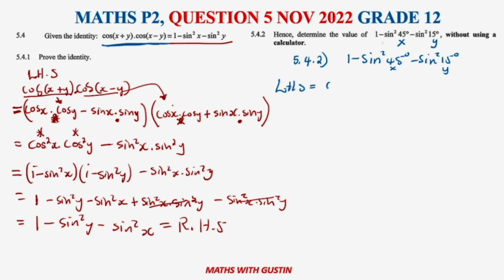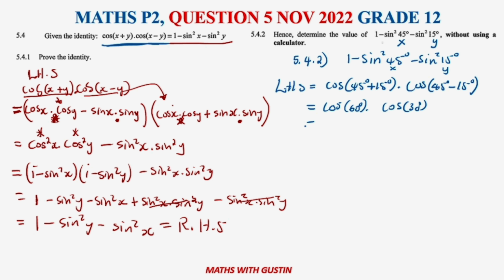So let's come here and say, okay, cos(x plus y), what is x here? x is 45, plus y, which is 15, close bracket, multiply by cos(x minus y), which is 45 minus 15, close. Okay, it is equal to, now 45 plus 15 is going to be cos 60 degrees times cos 30 degrees.